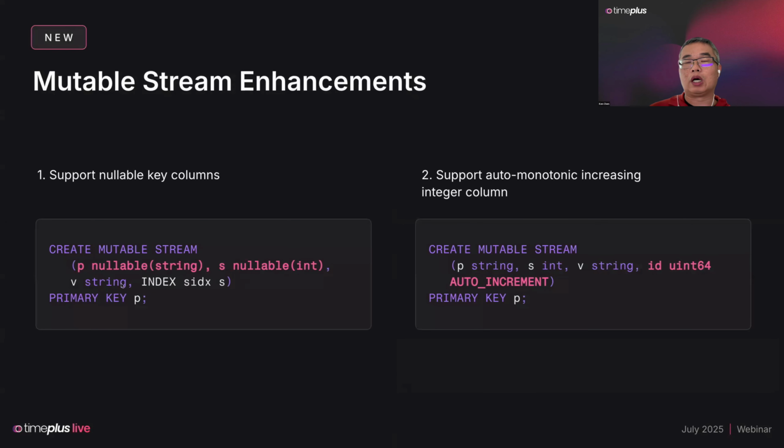And also our customers like the monotonically increasing integer column, like the auto-increment column in a MySQL table. In this example, we have an ID which is an int64, and it is auto incremental for the mutable stream. So for every primary key, for every different key, the number will automatically increase in the background by the system.